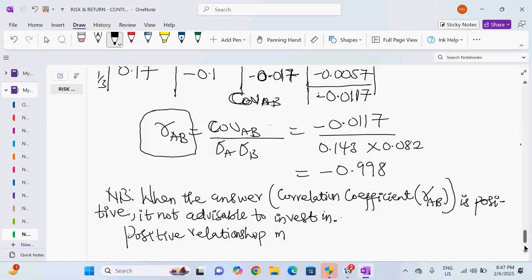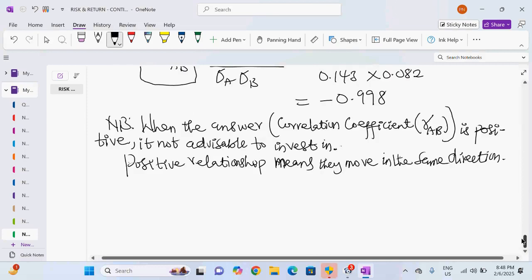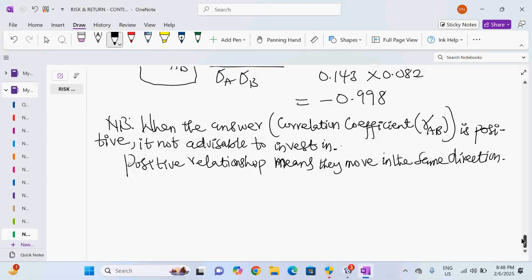Positive relationship means they move in the same direction. They move in the same direction, right?